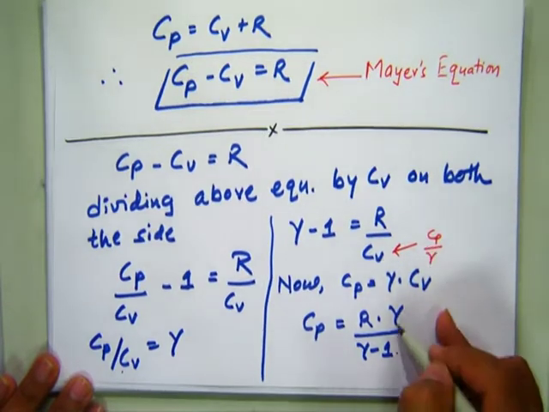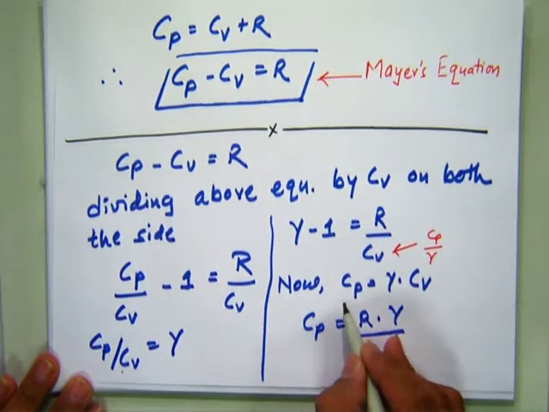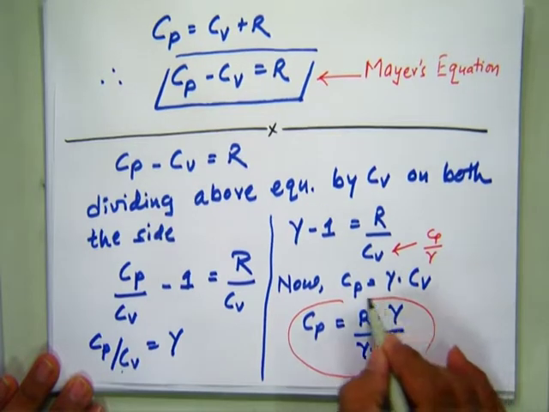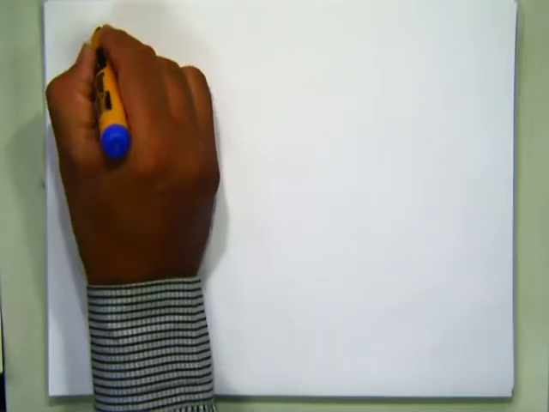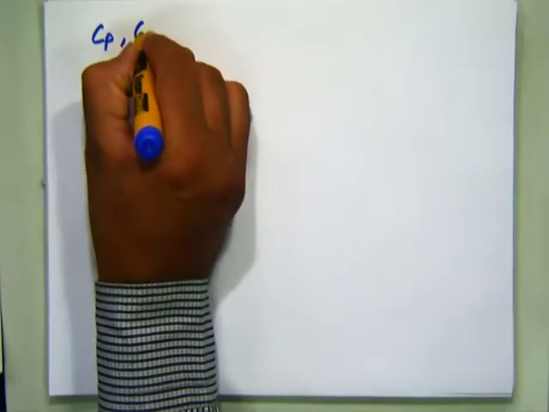By putting this value and simplifying, you will get Cp is equal to R into gamma upon gamma minus 1. Cp and Cv.